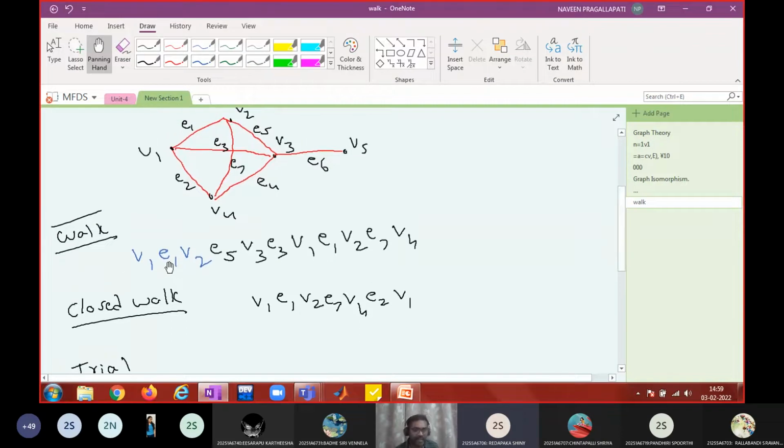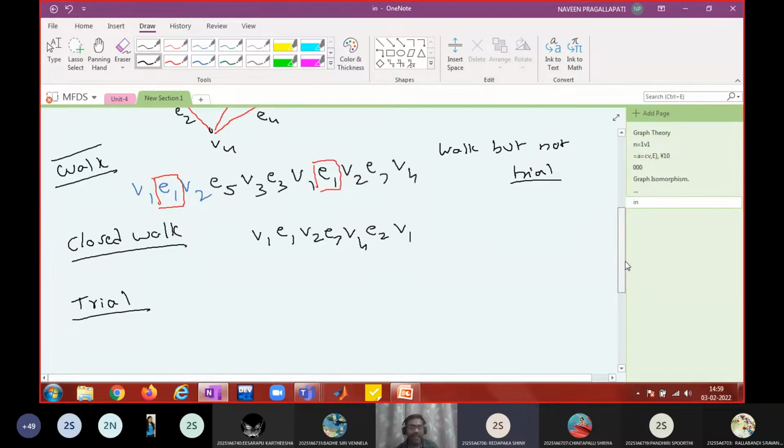And what about this one with E1, E1? You can see E1 is repeating. Therefore, this is a walk, but not a trail.